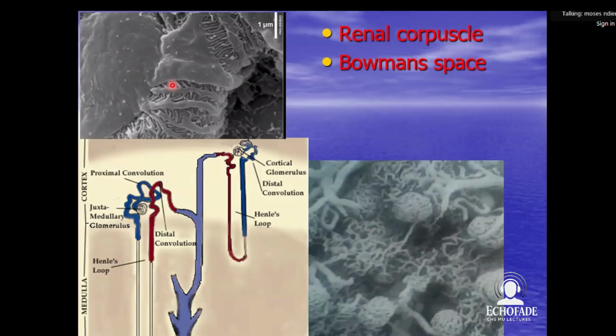It is through these filtration slits that the fluid passes during ultrafiltration from the blood vessel into the Bowman space. The Bowman space is the space between the visceral part and the parietal part of a Bowman's corpuscle.